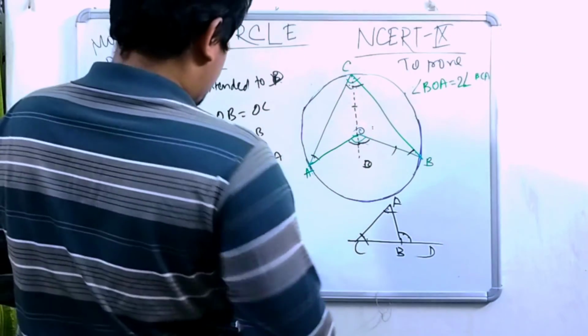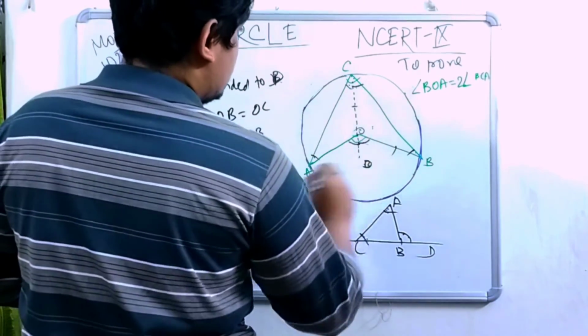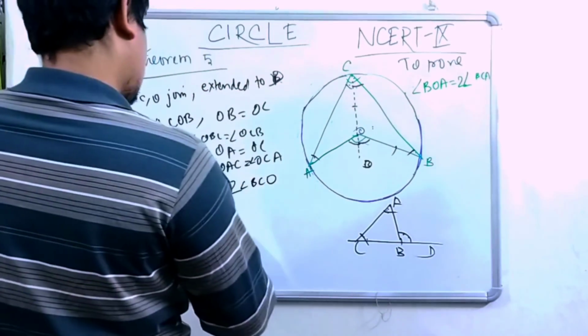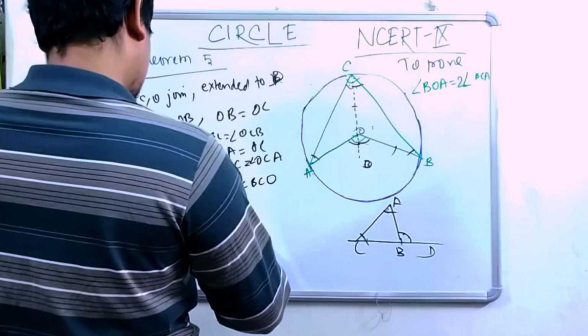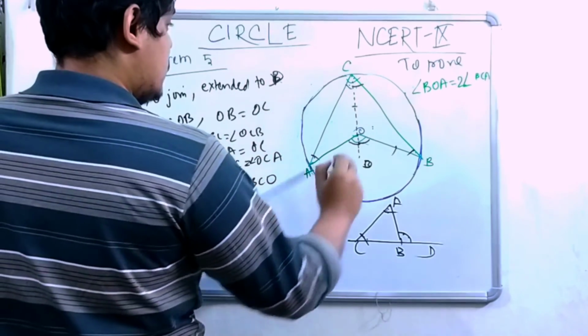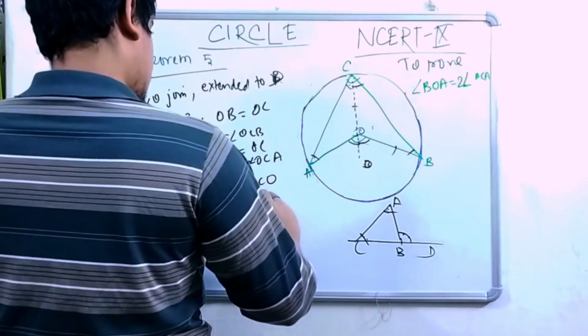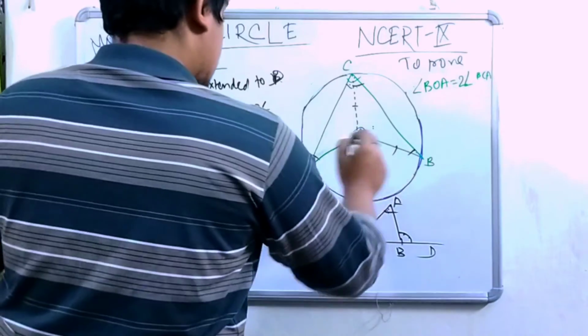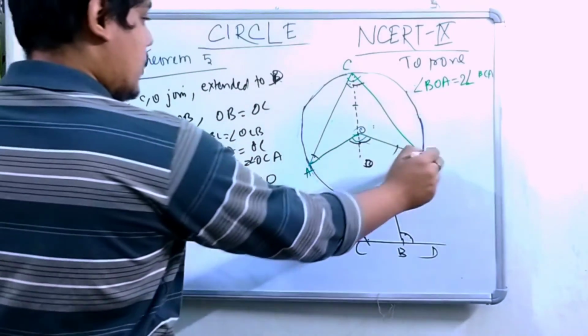So twice of BCO, and DOA is twice of ACO. If I sum these two together, what will I have?